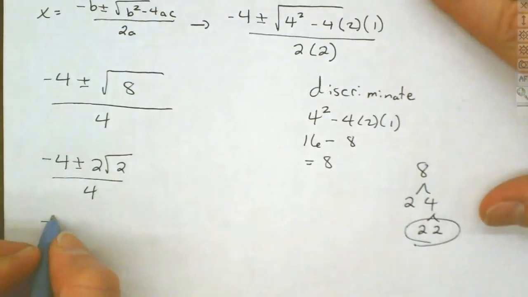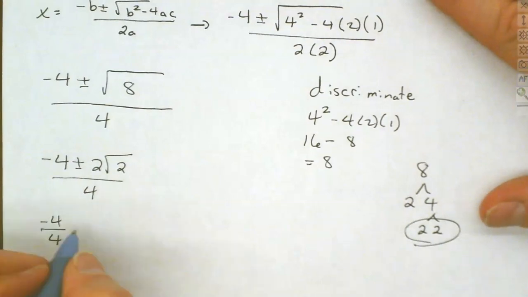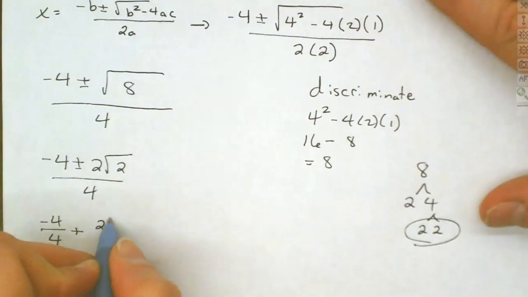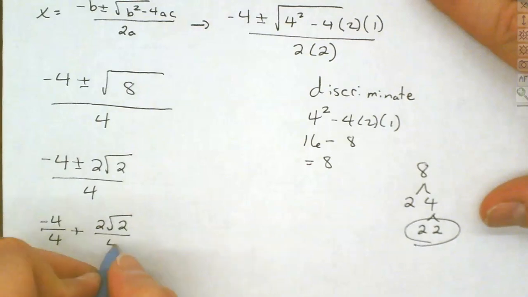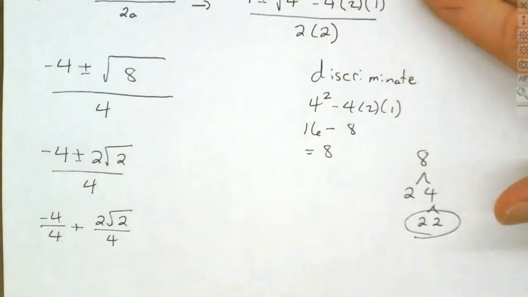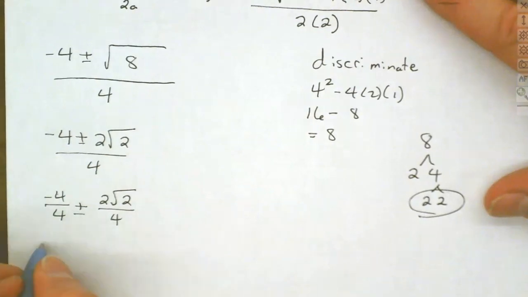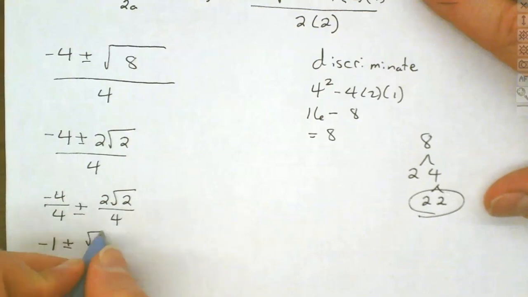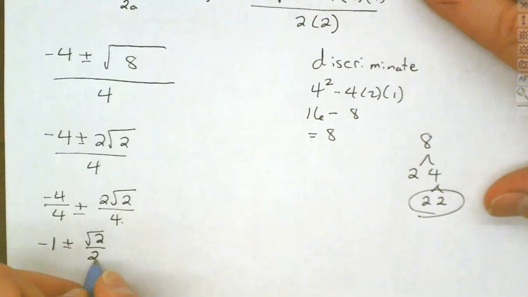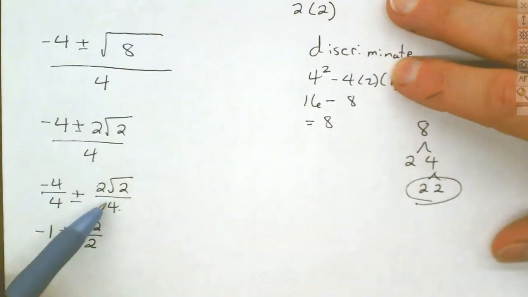So that's minus 4 over 4 plus or minus 2 square root of 2 over 4, and we can reduce it down. 4 over 4 makes it a minus 1 plus or minus, the 2 and the 4 cancel. That leaves you with the square root of 2 over 2, right? Because those can cancel there.